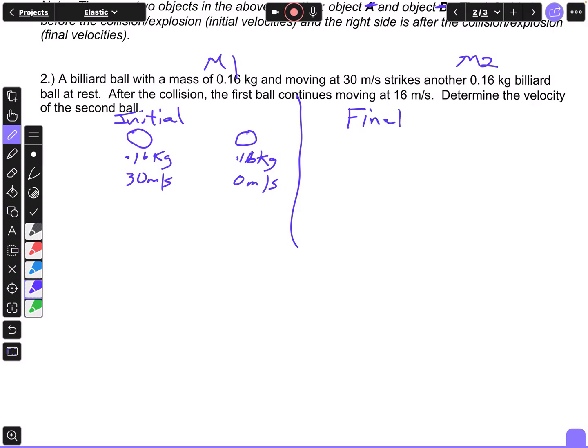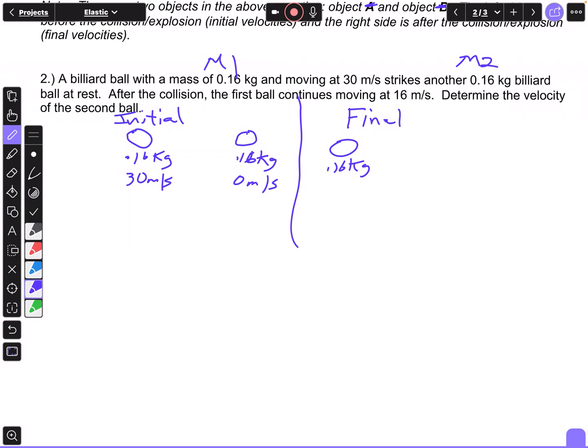Now after the collision, we have the billiard ball here. It has the mass of the first one, 0.16 kilograms. And it says, after the collision, the first ball continues moving at 16 meters per second. Now it doesn't tell you it's moving to the left. It says it continues moving. If it doesn't give you a direction like left or west, consider it to be positive, like it's still moving to the right.